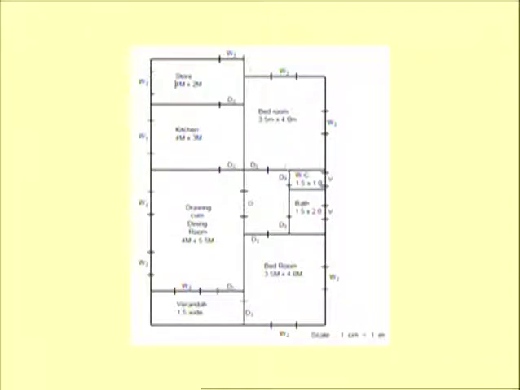Usually students are advised to draw the line plan on graph paper with the scale of 1 centimeter equal to 1 meter, because in graph paper the horizontal and vertical lines are spaced at 1 millimeter. So 1 millimeter represents 10 centimeter in the scale of 1 centimeter equal to 1 meter.